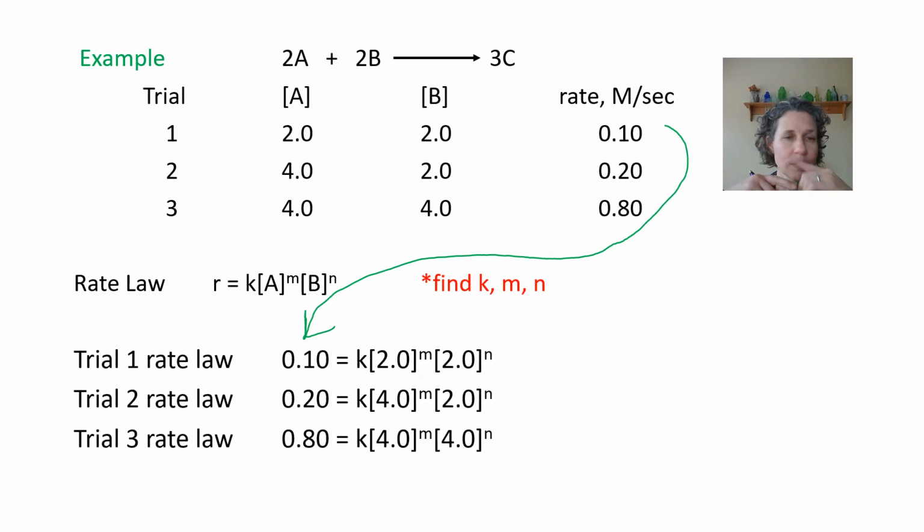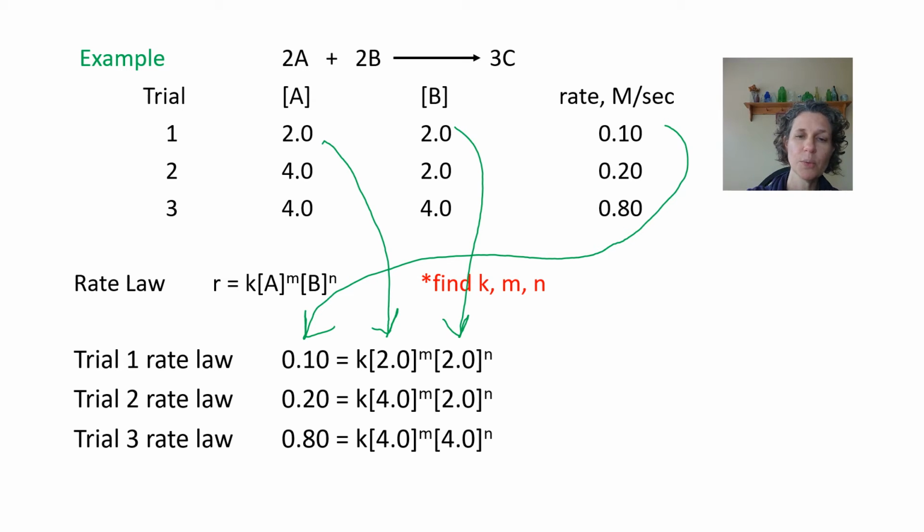That's where I get the rate, and then the concentration of A goes here, and the concentration of B goes here. What we're really interested in as far as solving are these numbers to start with, and we will always start by setting up ratios and finding the orders.